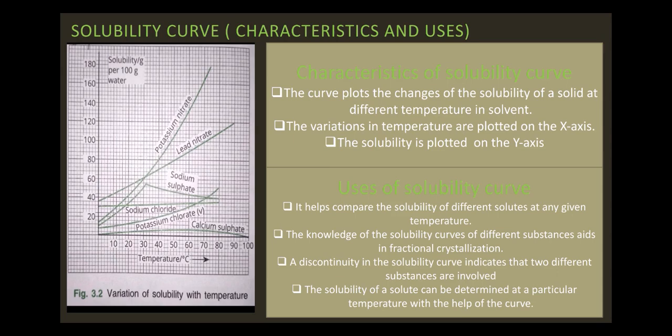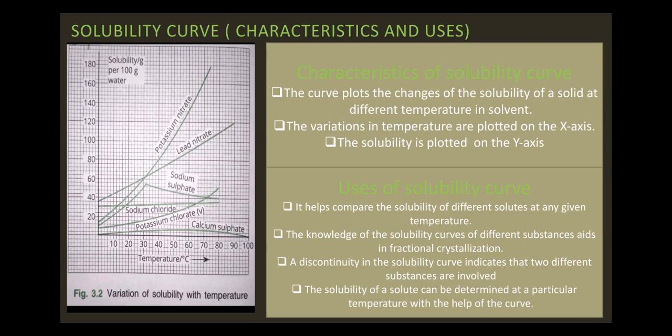As you can see here in the picture, on the x-axis the temperature is shown, and on the y-axis the solubility of a substance per 100 gram is shown. So the relationship between solubility and temperature can be plotted on a solubility-temperature curve, and this curve is known as the solubility curve.